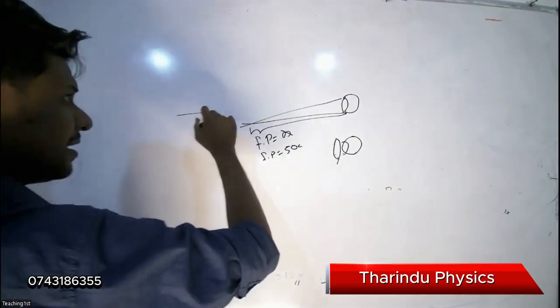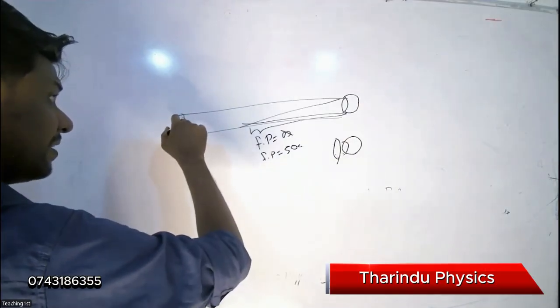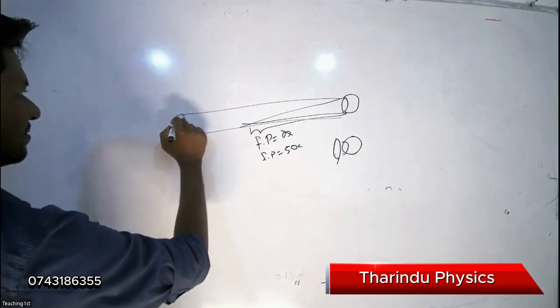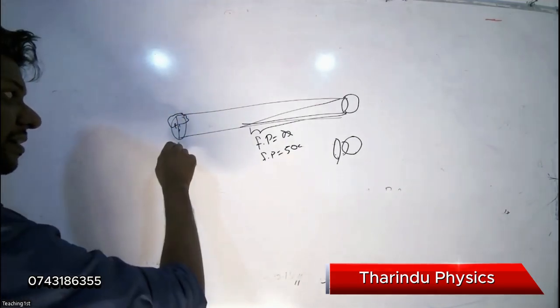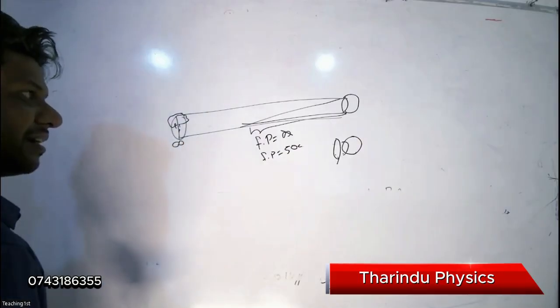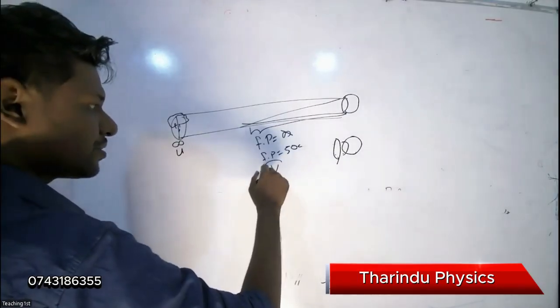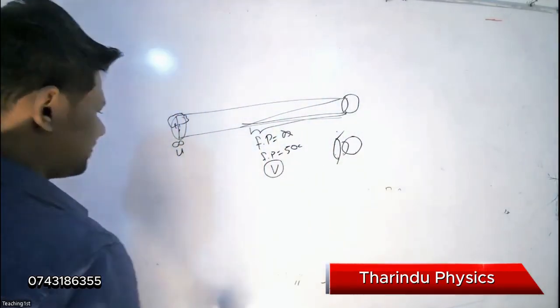So you want to see an object like the moon, located at a very long distance. It is generally considered to be at infinity. And your final image should be formed by this lens at V.